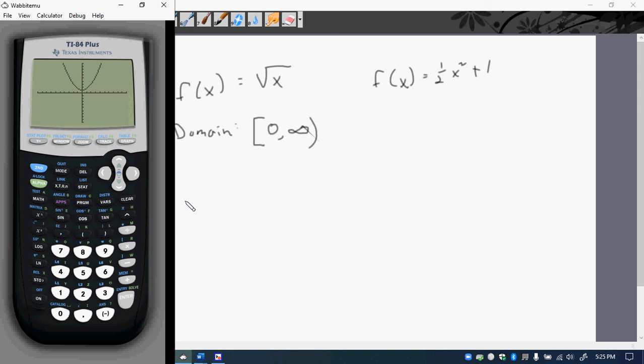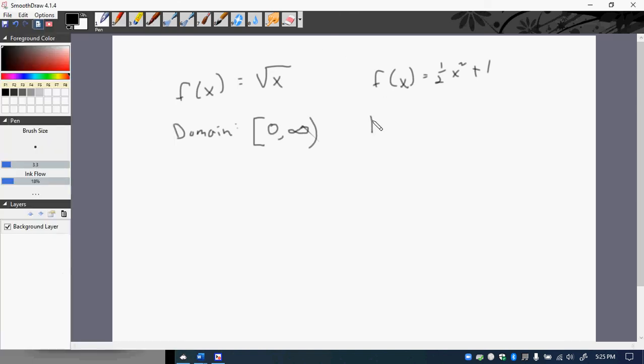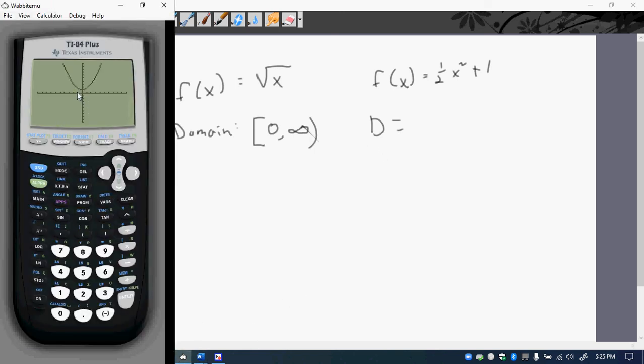Okay, and so the domain, I'm just going to call it D. Okay, D. That will be, well, starting from the origin and going out. Where does it stop? Well, this line is continuing to keep going. It's not stopping, and so it's going in this direction forever.